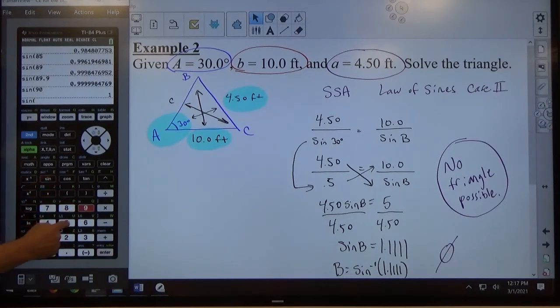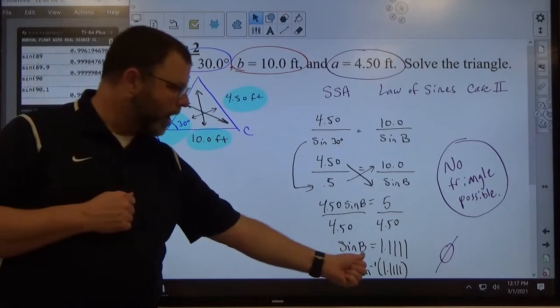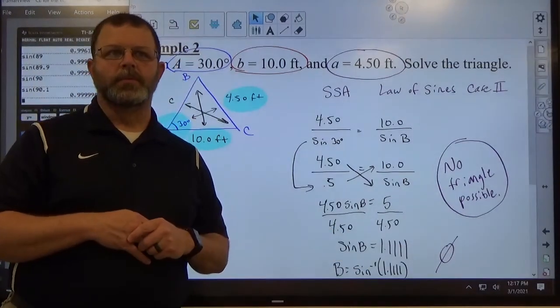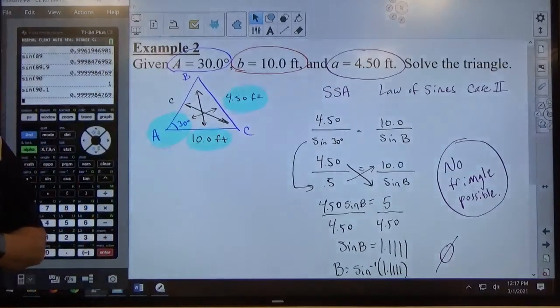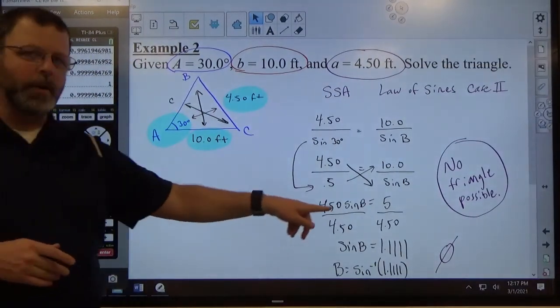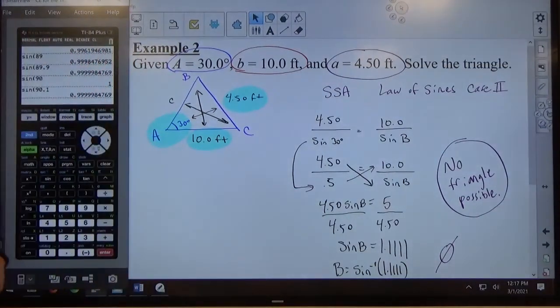If I go sine of 90.1, it starts going back down. The biggest value sine can ever take on is 1. So if your sine is bigger than 1, it's not possible. So again, that's going to happen sometimes. The triangle is not possible because you'll get sine bigger than 1. So with a side-side angle, that's scenario 1 that could happen: you have exactly 0 answers.